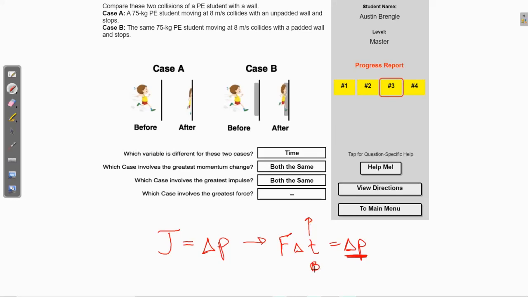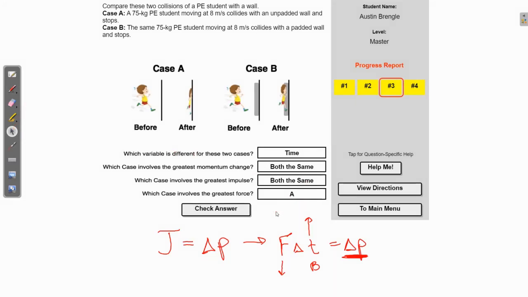The time is increased for case B. For this number over here to stay the same, that means that the force of impact that case B feels must go down. So what that means is that case A, where the person hits the unpadded wall, will have the greatest force acting on him.